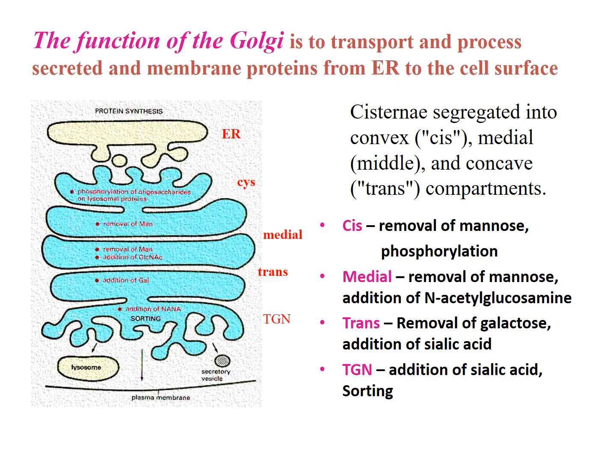Their carbohydrates end up with a mannose 6-phosphate residue that's a target, a zip code signal, to go to the lysosome. Other proteins have carbohydrates that you get removal of the mannose in addition of more sophisticated sugars, a little bit more complex.